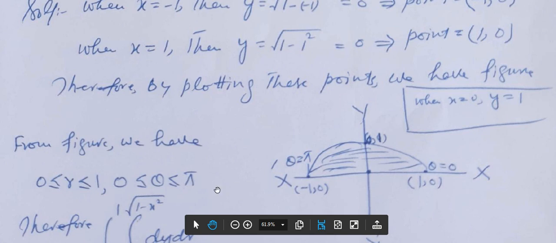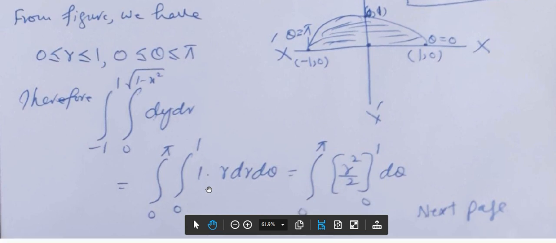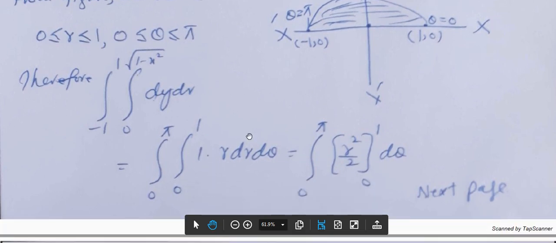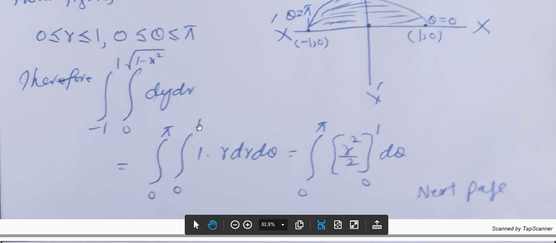So theta varies from 0 to pi. So now you can replace all the limits. So dy dx will be replaced with r dr d theta. f of x y is 1, so we write only 1, and then the limit for r is 0 to 1, and theta varies from 0 to pi.